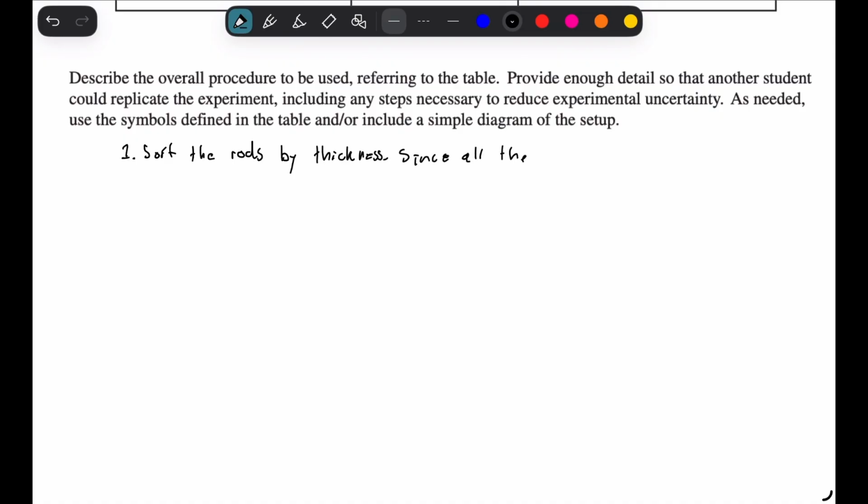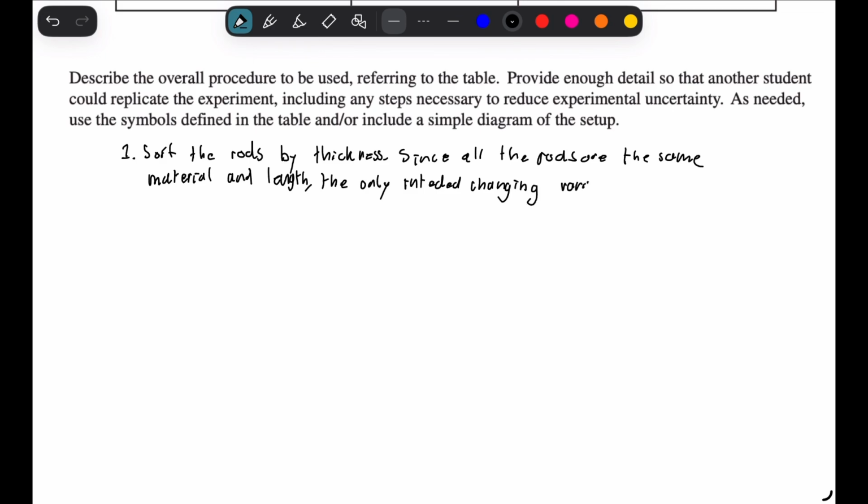Since all the rods are the same material and length, the only intended changing variable is rod radius, or radius R.